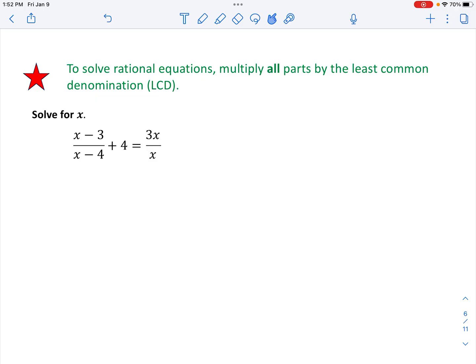I also have a denominator of x right here. So these are my denominators. So really my least common denominator would just be x times x minus 4. So what I want to do is multiply everything by x times x minus 4, because that will cancel out all denominators.